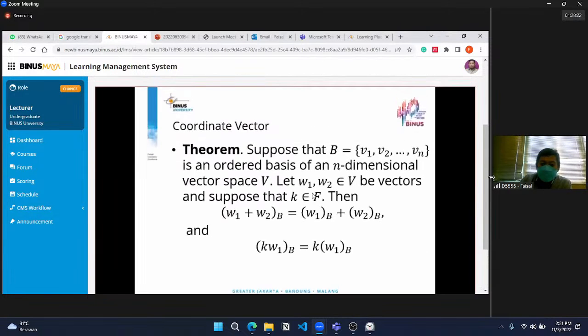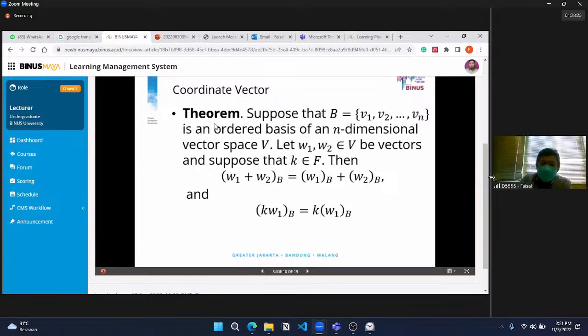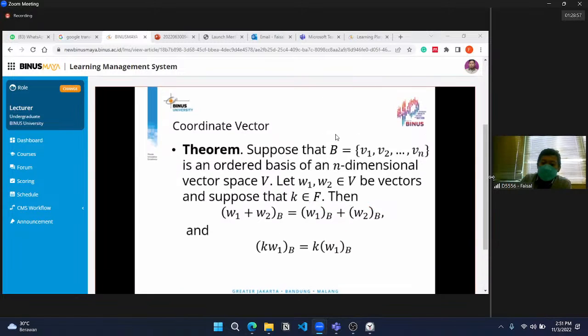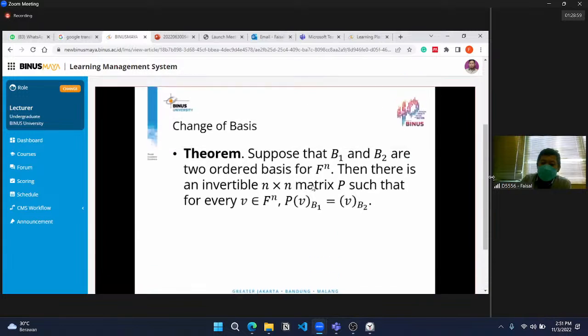And coordinates, just like coordinates in R2 and R3, can be summed and multiplied by scalars. We can see the sum of vectors as the sum of coordinates, and scalar multiplication in coordinate vectors. This is just one of the properties.